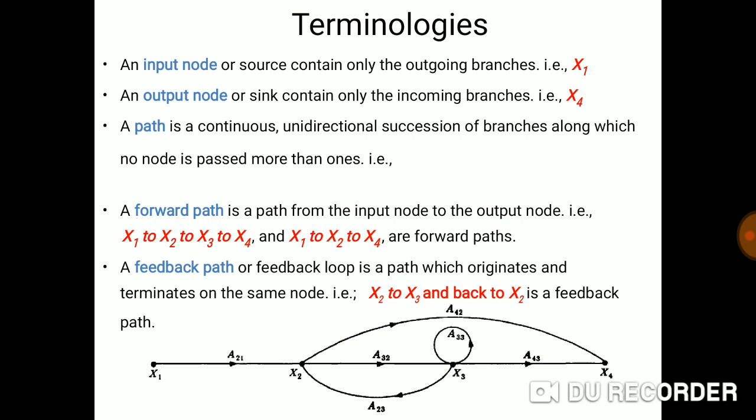All these are paths. This is the forward path, x1, x2, x3, x4. There is another forward path, x1 to x2 to x4. This is the feedback loop, x2, x3 and back to x2.